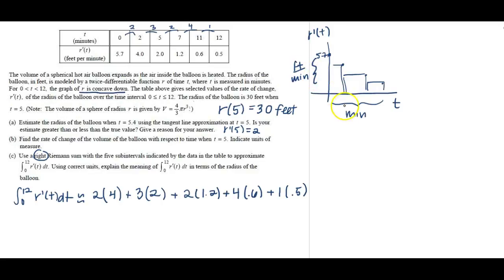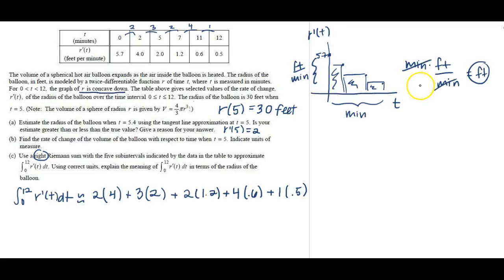Well, area again is base times height. So the area of each of these is units of base minutes times the height in this case is feet per minute. So what happens to the units is that minutes cancel, and I end up with just feet.